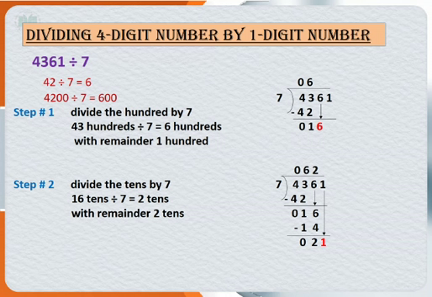In step number 1, 4300 will be divided by 7. The quotient is 600 with remainder 100. In step number 2, we divide 16 tens by 7 and get 2 tens with remainder 2 tens.